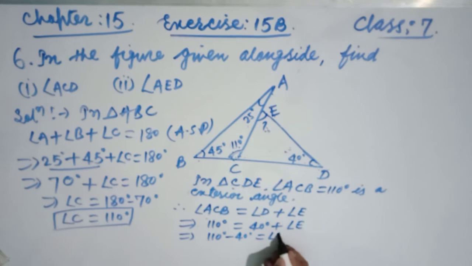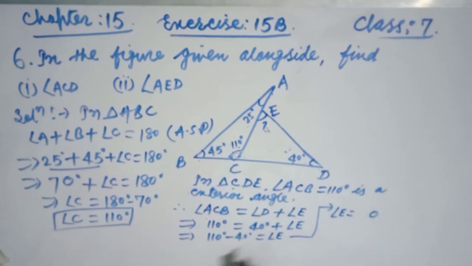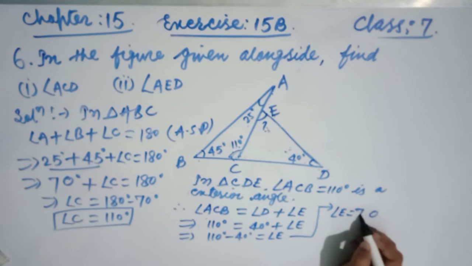This is angle E. Angle E is equal to 110 minus 40, which is 70. So this is 70 degrees.